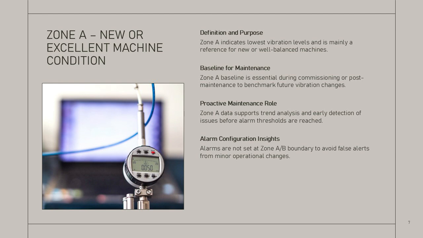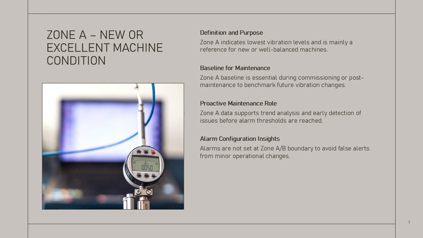While continuous operation in Zone A is desirable, it is not always achievable or necessary for all machines, particularly older equipment or machines operating under variable load conditions. Engineers generally do not configure alarms at the Zone A/B boundary because minor operational changes could trigger unnecessary alerts.